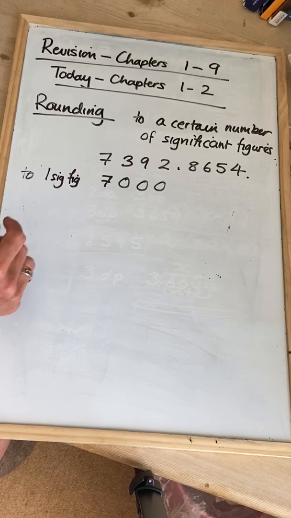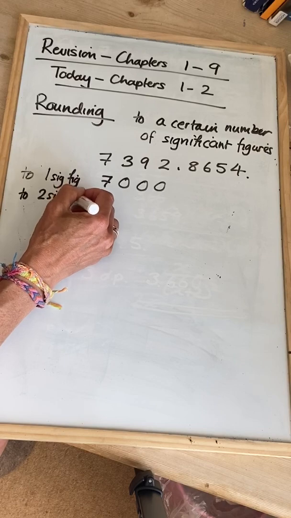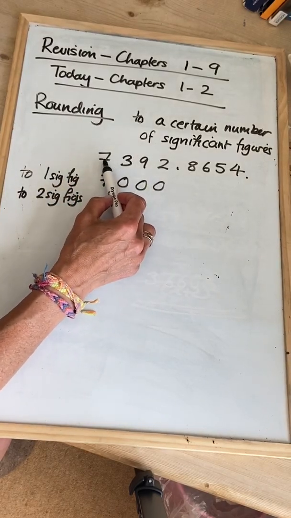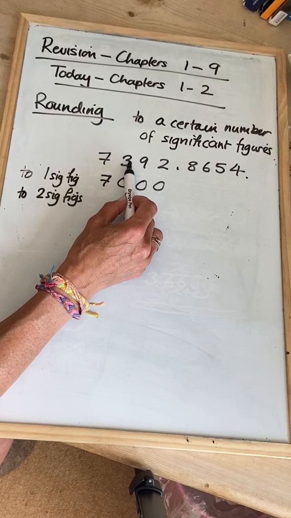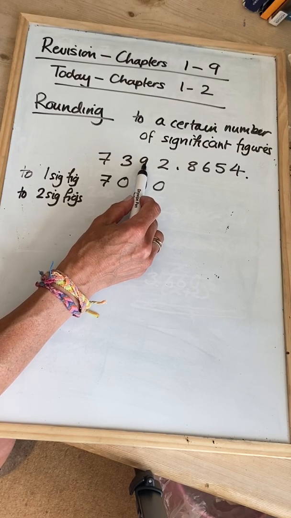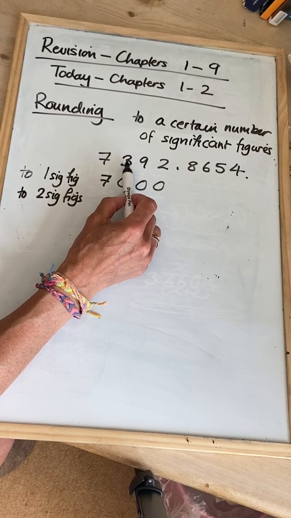Okay. If I want to round it to 2 significant figures, I start to apply the same rules as I did with the decimals. So 7 is my first significant figure, 3 is the second. I take a peek at the next number. The next number is a 9, that is a 5 or more, and therefore I'm going to round this 3 up to a 4.